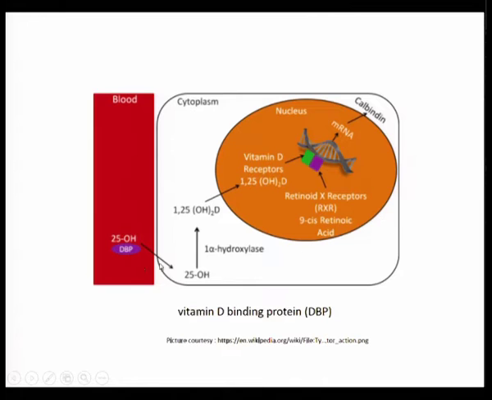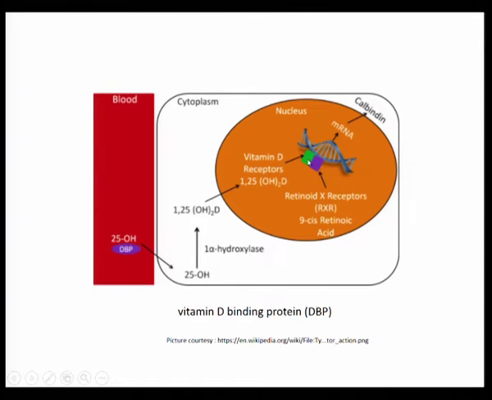Now you could consider this to be the cell in the kidneys, or the cells that help in regulating calcium metabolism in the kidneys. As I've told you earlier, they have 1-alpha hydroxylase.